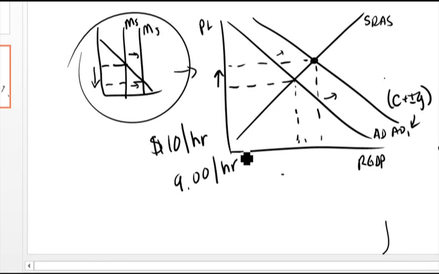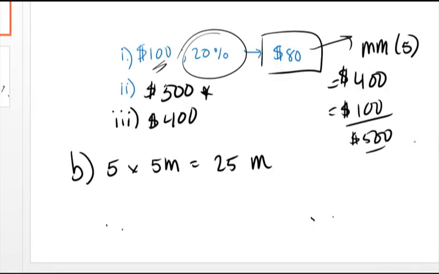I'm going to be earning $9 an hour. So my real wages are actually lower than they were prior to this. So the answer to part C is real wages have declined due to higher price level.